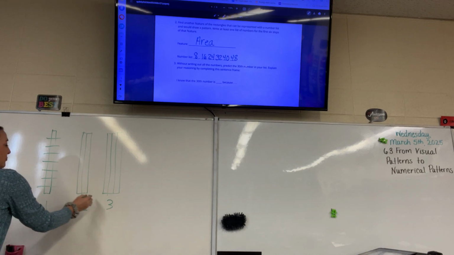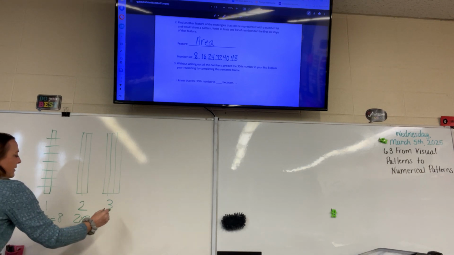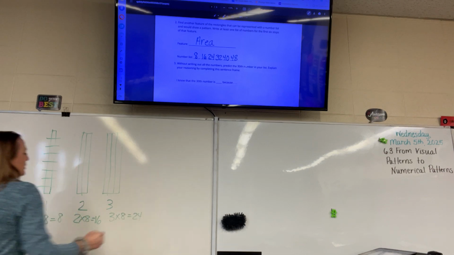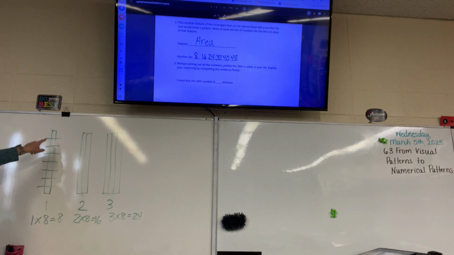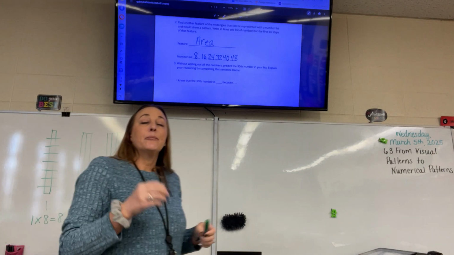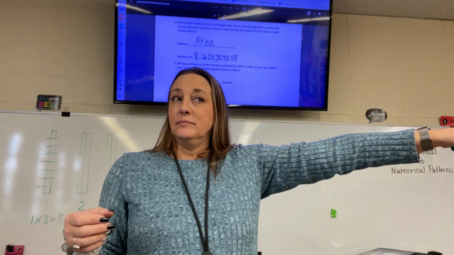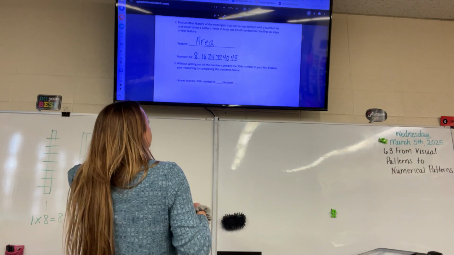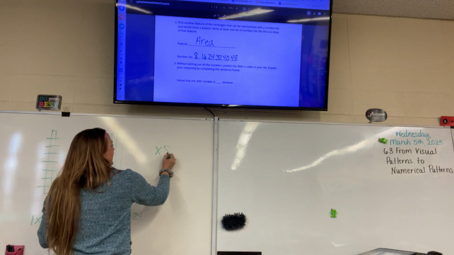And 2 groups of 8 would be 16. 3 groups of 8 would be 24. So do you guys see how the step number times the number on the original gives you how many blocks or boxes there will be on another step? So we're multiplying times 8.